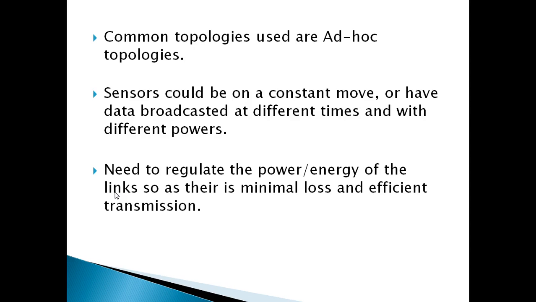And as I said, they can be on constant move, so they are operating in an ad hoc network in which they can make and break topologies as they please. As they are on constant move, they can have different powers, different densities, and different locations.